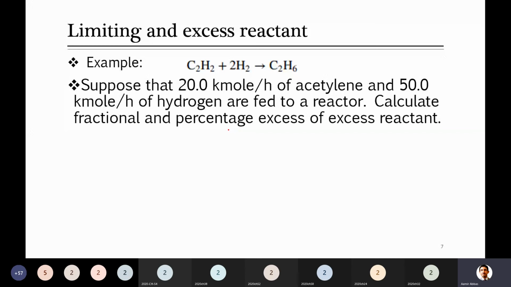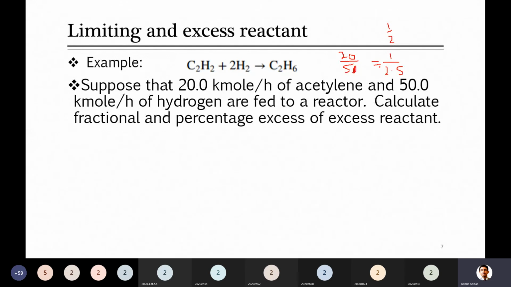Just calculate their ratio. Sir, the one with excess hydrogen will be 1:2.5. Yes sir, it is 1/2.5. I want to compare this with the stoichiometric ratio, which is 1:2. In order to compare that, in the numerator I am writing acetylene: 20/50.